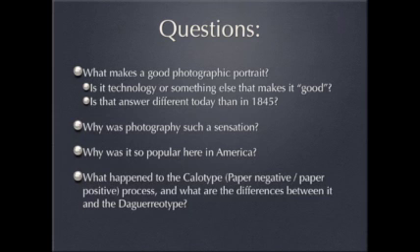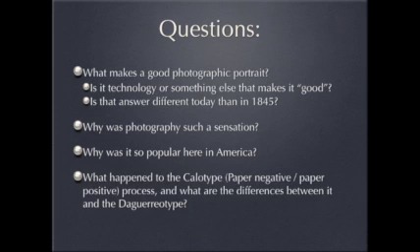All right. So some other questions that we'll try to answer as we go along. We'll come back to those first three, but why was photography in general such a sensation? Why was photography so popular here in America, especially portrait photography? And then what happened to this paper negative, paper positive process?